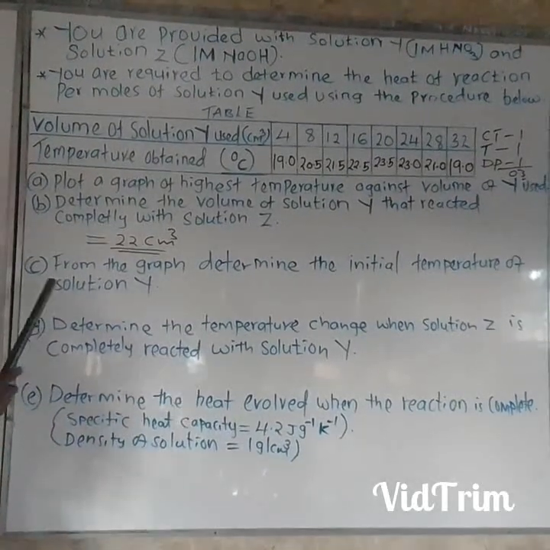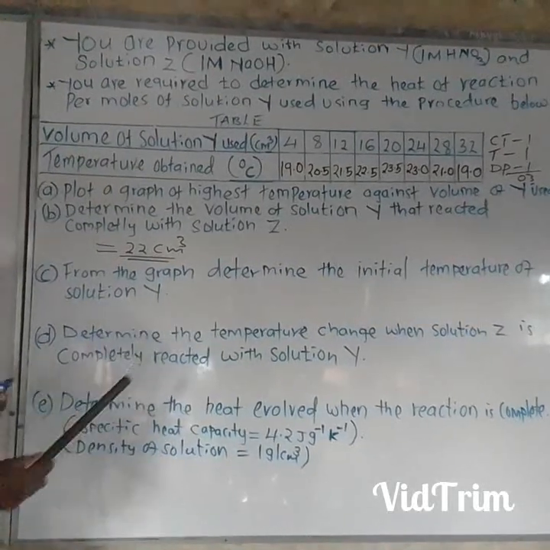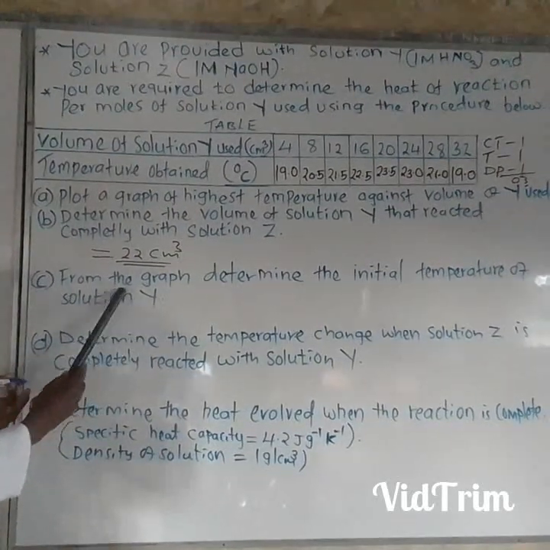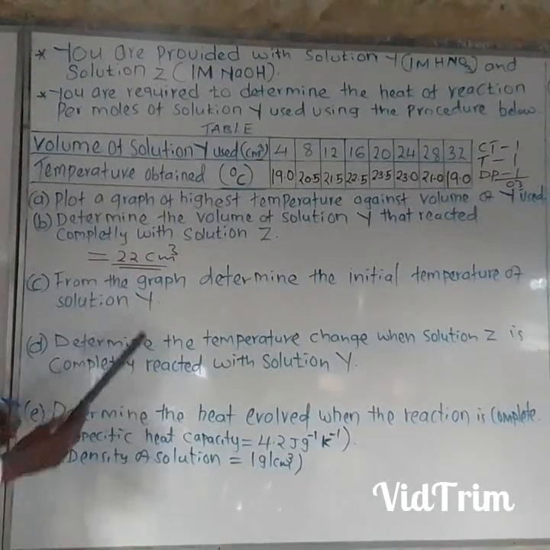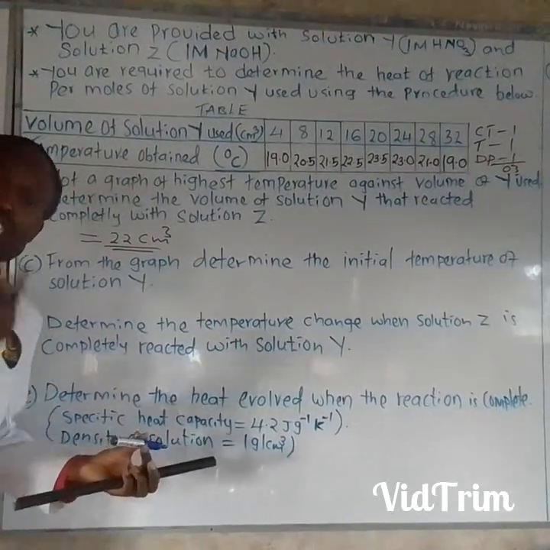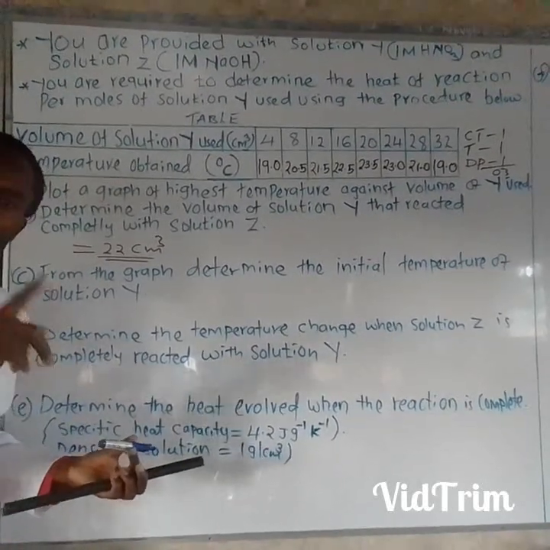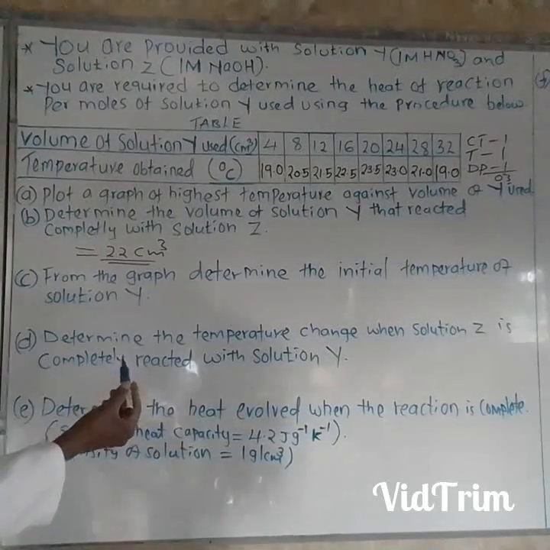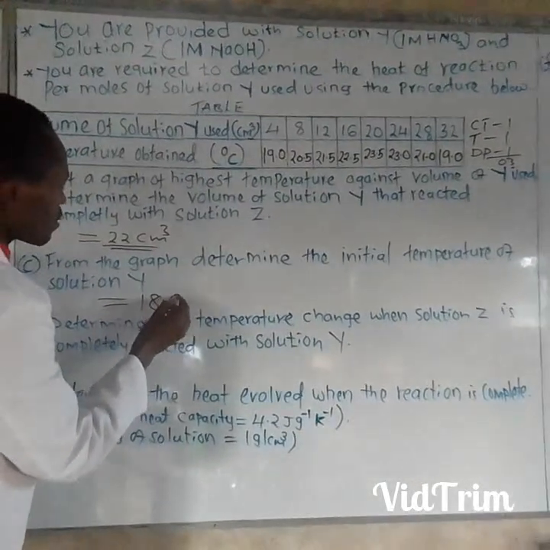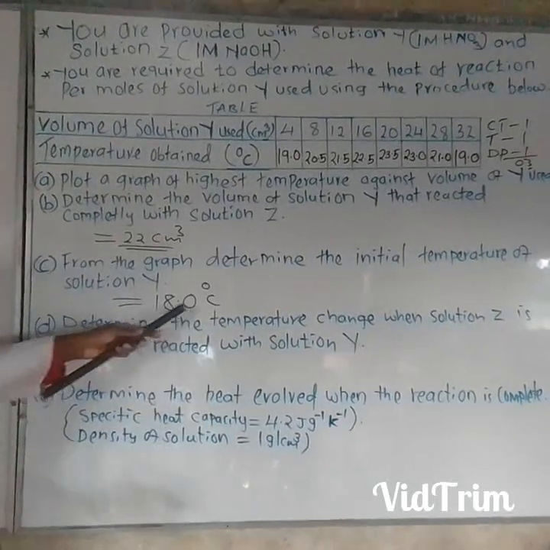Then question C. From the graph, determine the initial temperature of solution Y. The initial temperature is the lowest temperature of solution Y. When we extrapolated to the y-axis, we found that it is 18.0 degrees Celsius.